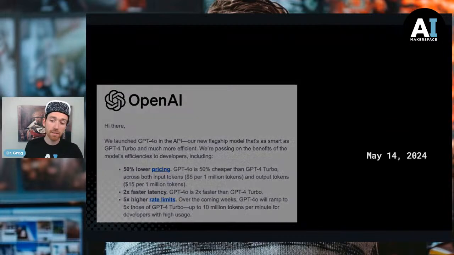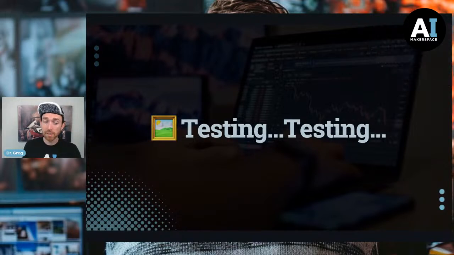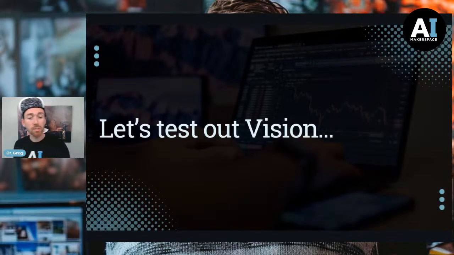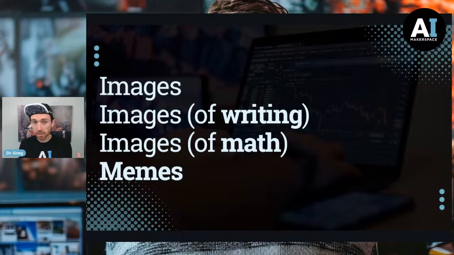So we did some testing, and we wanted to test out the vision capabilities in particular for today. We said, okay, we've got images, let's try some of those. Then let's also mess with some images of writing, like we saw in the demo earlier this week, some images of math, and maybe some memes, and see what we can do.